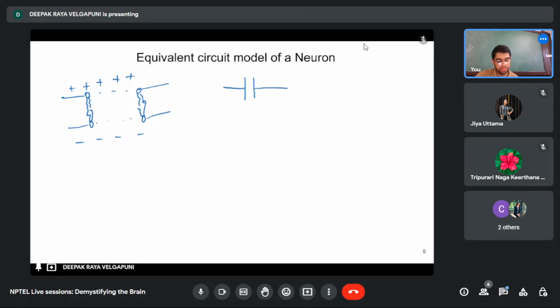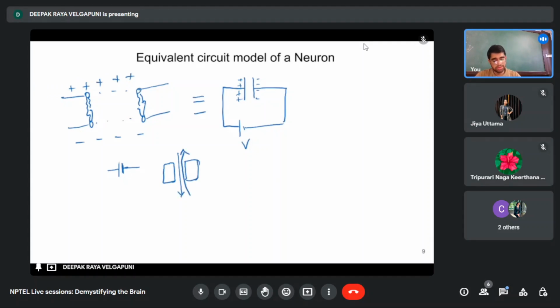When you put a charge across a capacitor, it accumulates positive and negative charge, and this is similar. So we say this lipid bilayer is equivalent to a capacitor, and the potential difference is equal to a battery. And across ion channels, ions go through or go outside, so this is like a resistor.